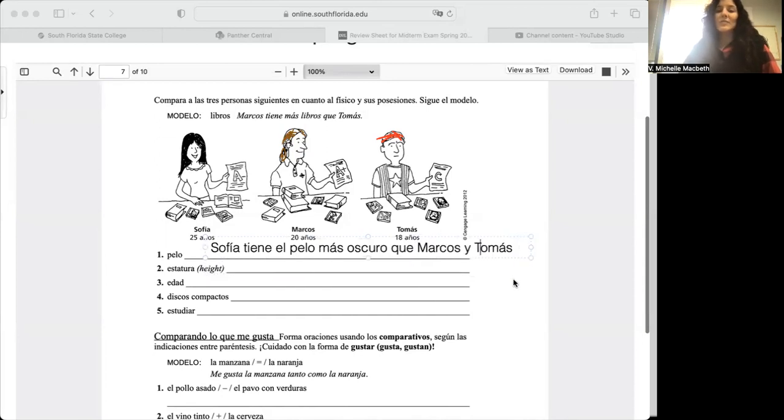So she has darker colored hair. Oscuro is the word that means darker colored or darker tinted. So, Sofía tiene el pelo más oscuro que Marcos y Tomás.